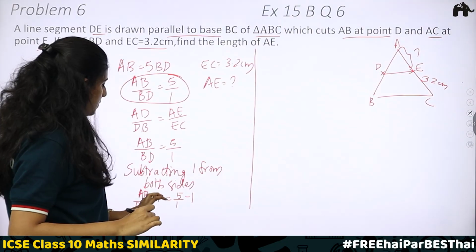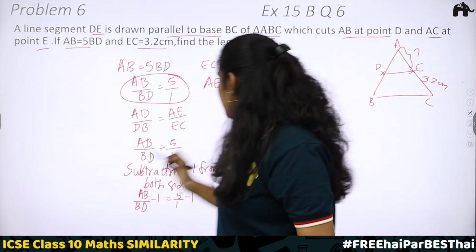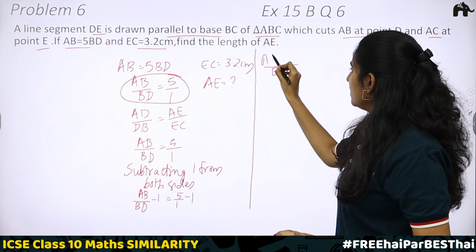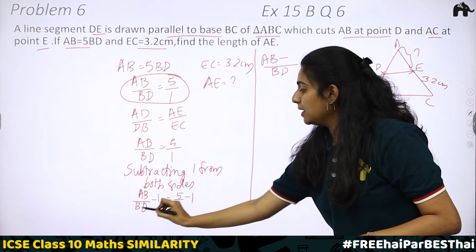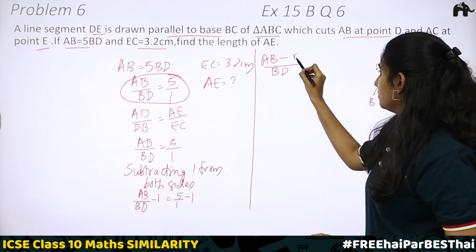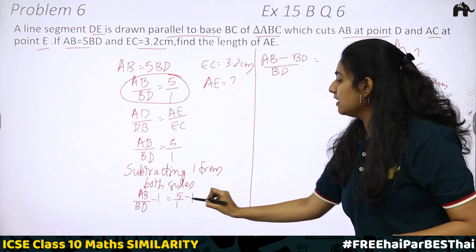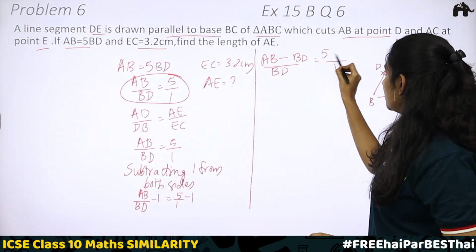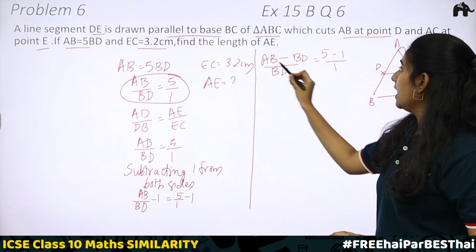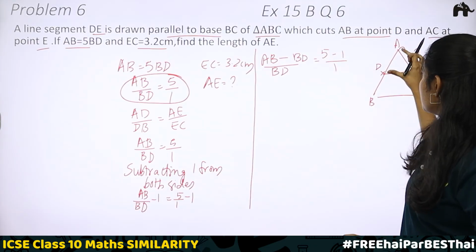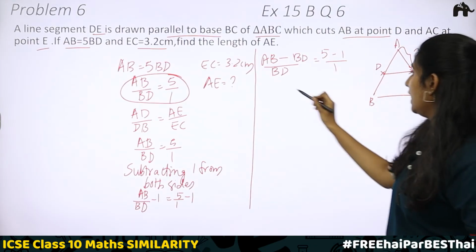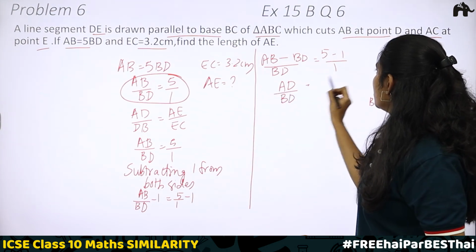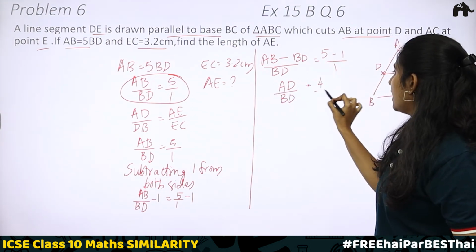Taking LCM, we get BD in the denominator. Numerator will have AB minus BD into 1, which is BD, is equal to, here we get 1 in the denominator, numerator 5 minus 1 into 1, which is 1. AB minus BD, AB is this part and BD is this part, we will get AD. AD divided by BD is equal to 5 minus 1, 4 divided by 1.